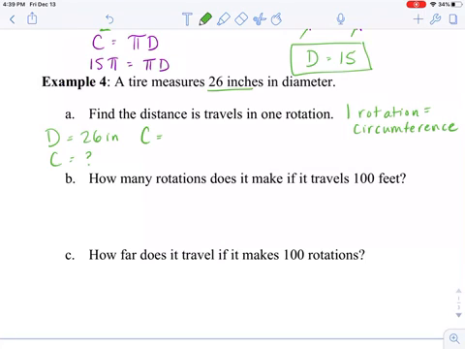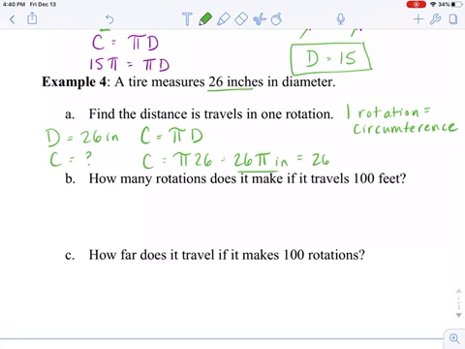So the circumference is pi times the diameter. So the circumference is pi times 26, or 26 pi. You could leave the answer like that, 26 pi inches. Or if this were something that you were going to measure, you would change it to a decimal.